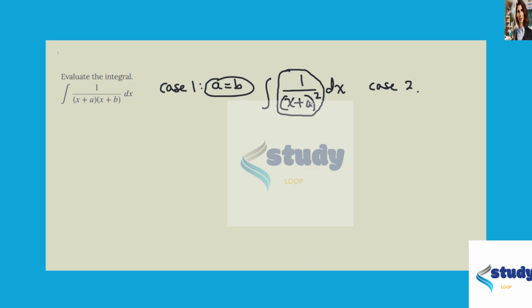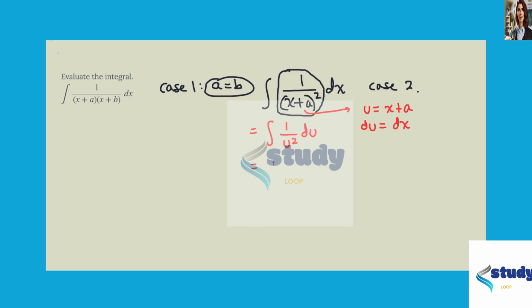We rewrite the integral, and then you may be able to integrate it how it is in one step. But if this plus a is bothering you, just go ahead and do a u sub. Then you get du equals dx. So we could write this integral as 1 over u squared du.